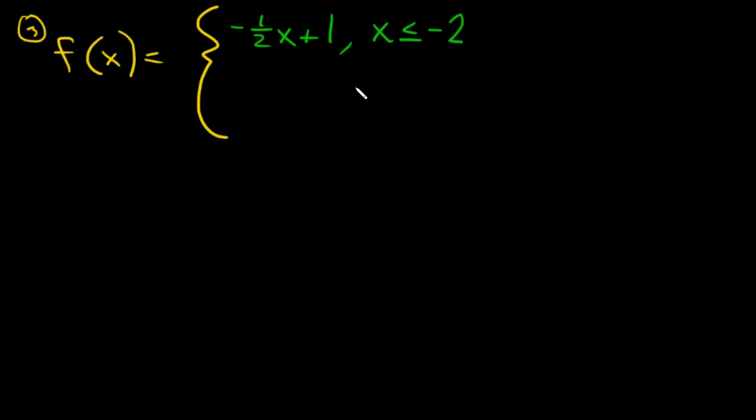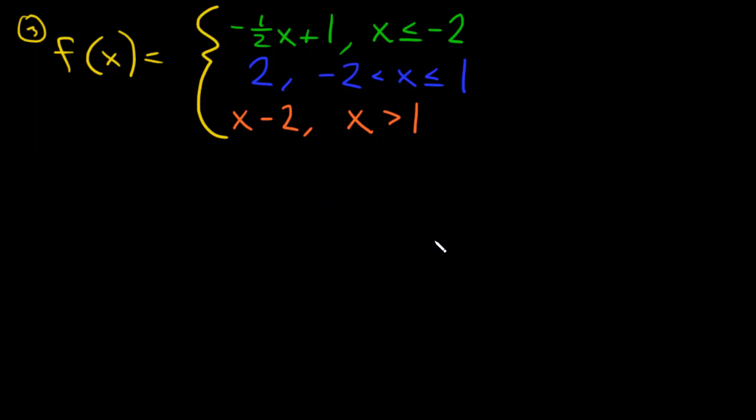And then the next function is 2 for all values of x that are between negative 2 and positive 1. And then the final function, I'm going to have x minus 2 for all values of x that are greater than 1.